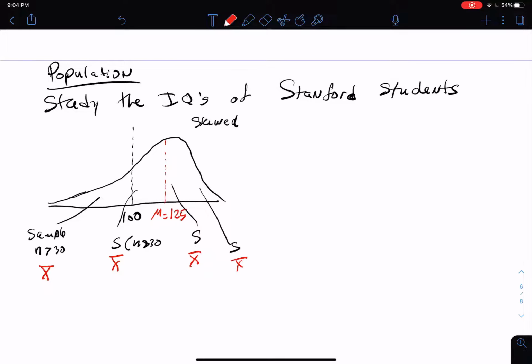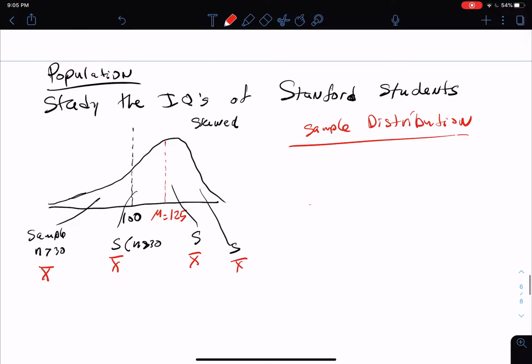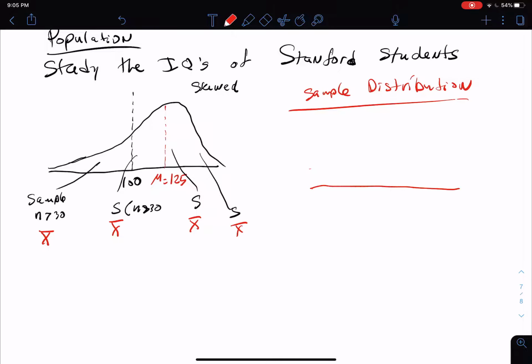Then I could make my sampling distribution. What's interesting is that when I take all these sample means and make my sampling distribution, even though the population was skewed, this sampling distribution will be a normal distribution.